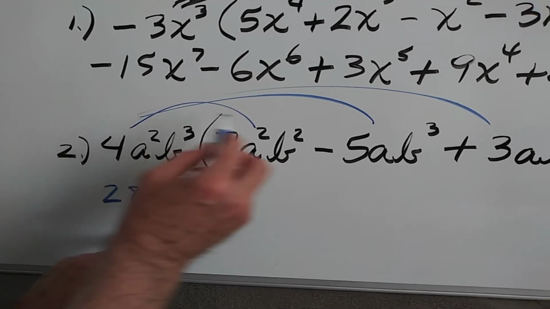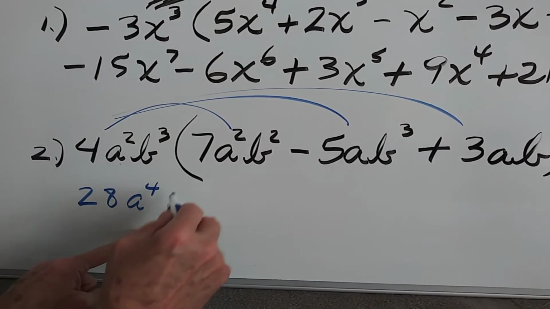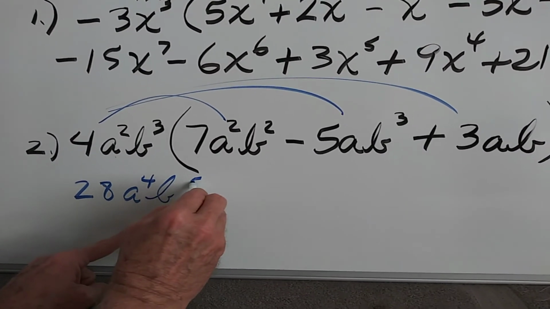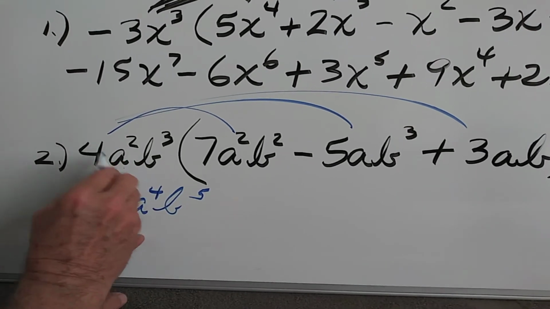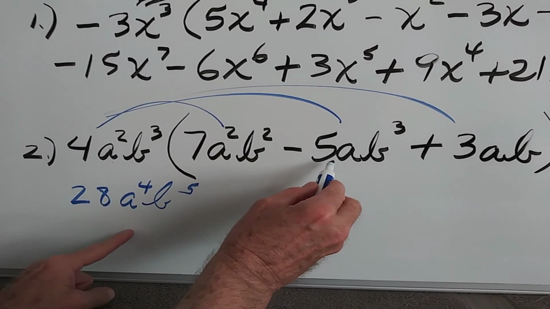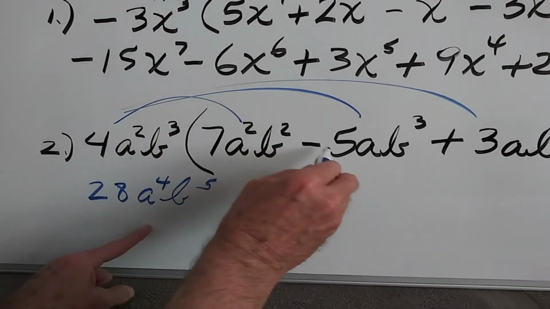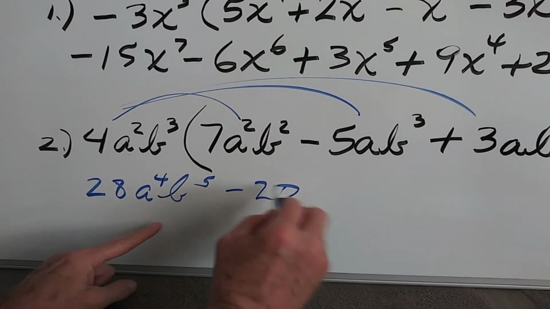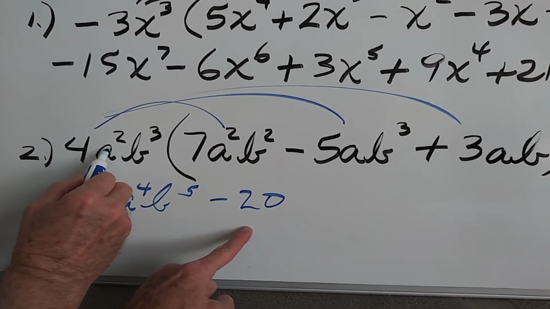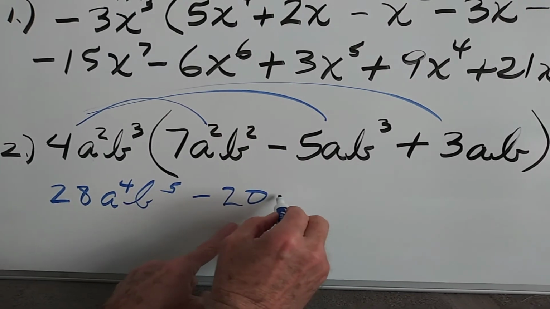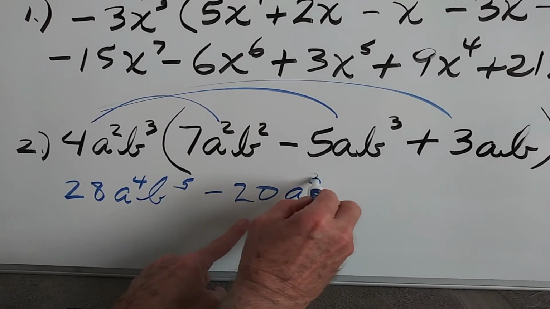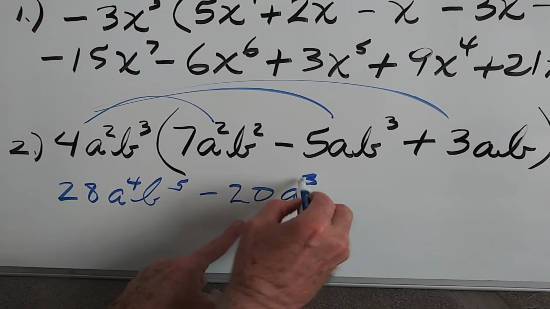B to the third times b to the second, add those exponents, b to the fifth. Now the distributor to the middle term of this trinomial. Positive times negative, a negative 20. A to the 2 times a to the 1. Add those exponents, a cubed.